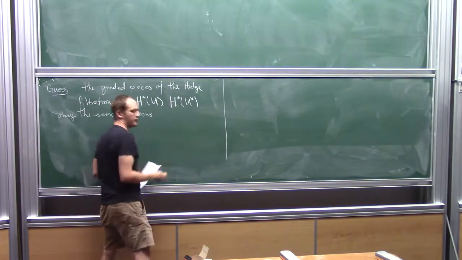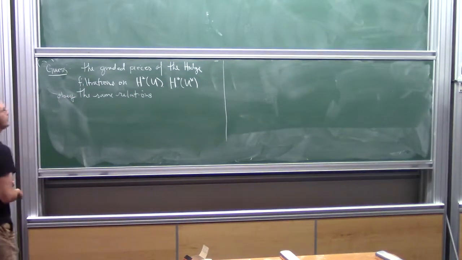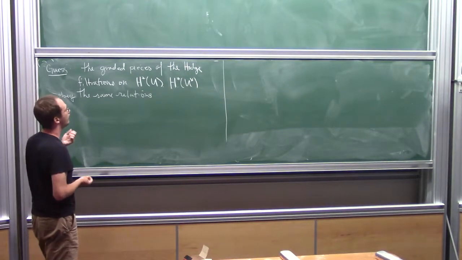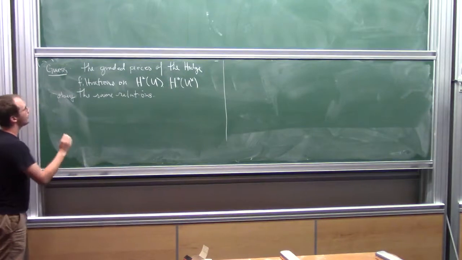Just to be precise about what this is, any algebraic variety has a canonical mixed Hodge structure on its cohomology.